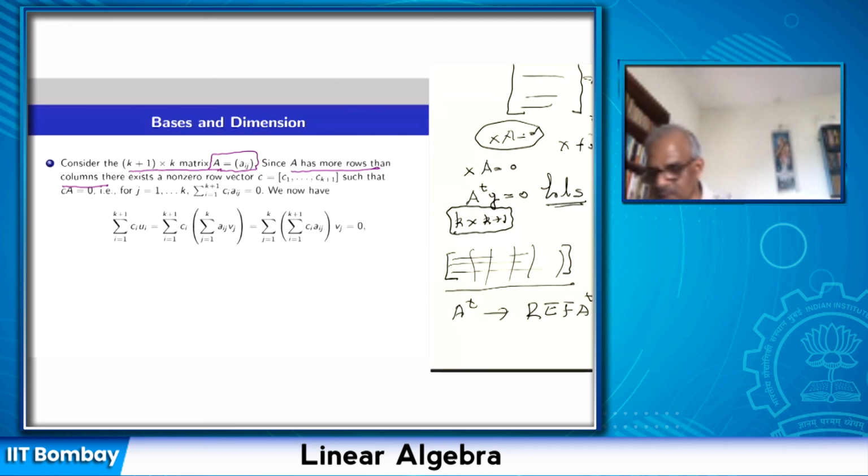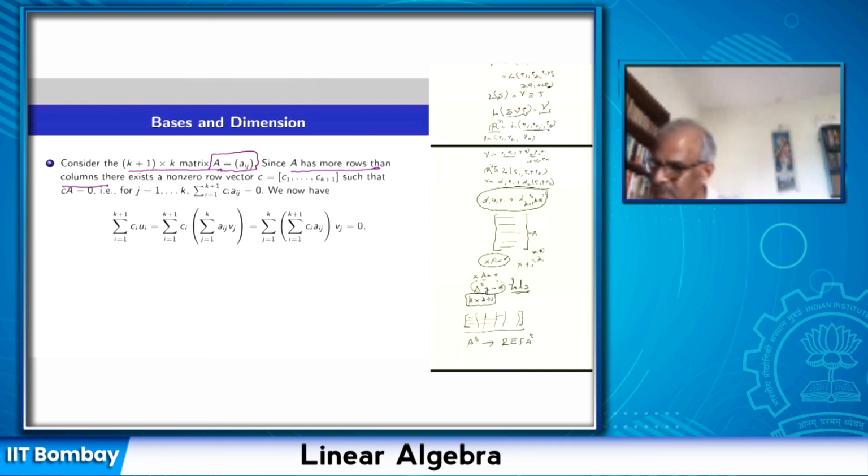Now if a homogeneous system gives rise to a non-pivotal column in the row echelon form, then the given homogeneous system of linear equations has a non-trivial solution. This we have seen before: the number of free variables is equal to the number of non-pivotal columns in the row echelon form. So if I have a k by k plus 1 matrix, then there will be at least one non-pivotal column, and therefore A transpose y equal to 0 has a non-trivial solution.